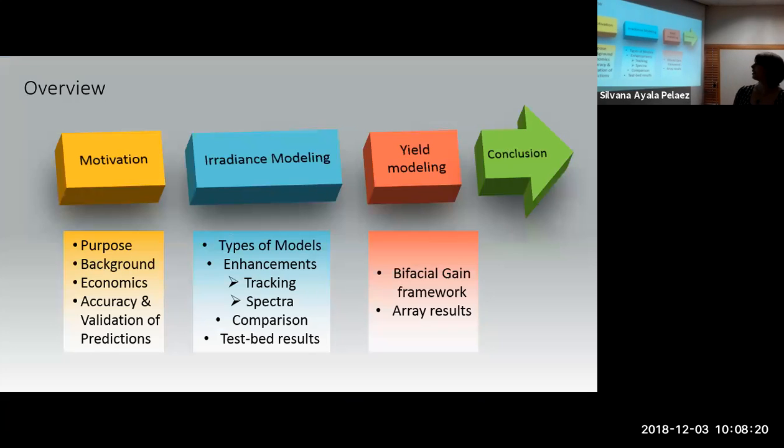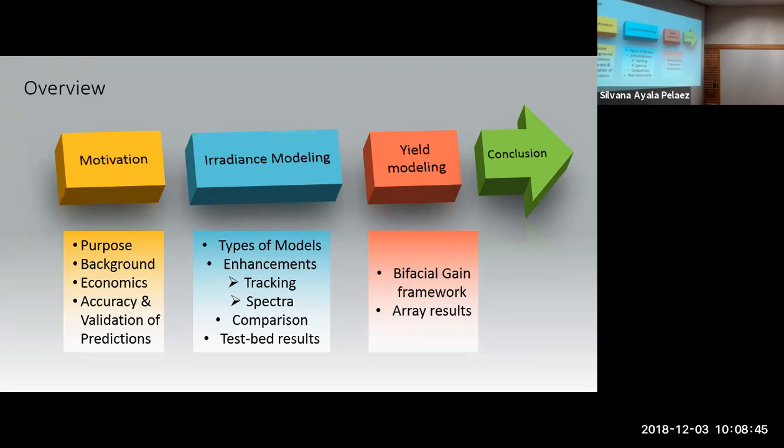There we go. Excellent. So an overview of how we're going to go today. We're first going to give some motivation and background topics so that we are all speaking the same terms. We're going to look a little bit into the economy and how this affects what we as engineers must achieve under modeling. Then we're going to talk a little bit about irradiance modeling. Irradiance is light, and as it reaches our solar panels, there are various models.